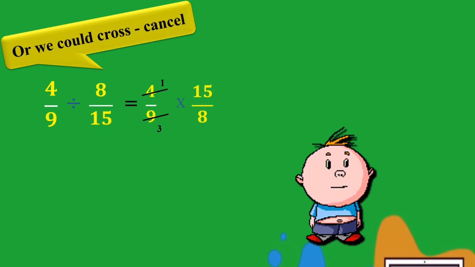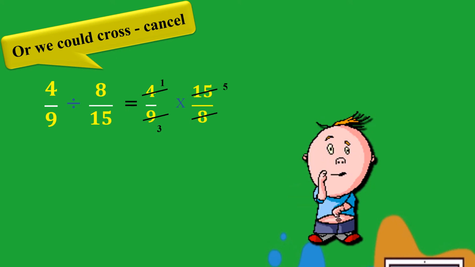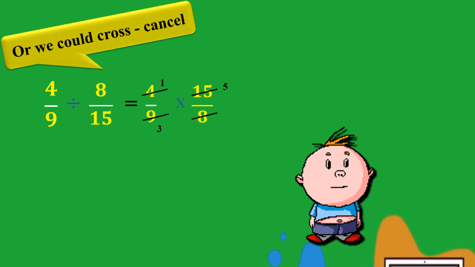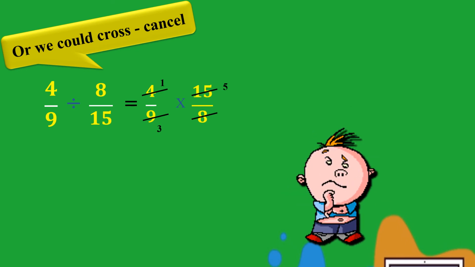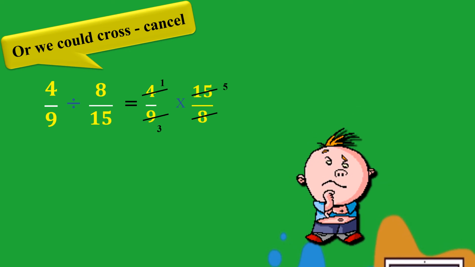Yes, because we know that after flipping the second fraction it will be 15 upon 8, and we know that we can divide the opposite fractions. My dear students, here you have to use the cross multiplication, and in that way you have to cancel. You can see that 9 can be divided by 3 and 15 also can be divided by 3.